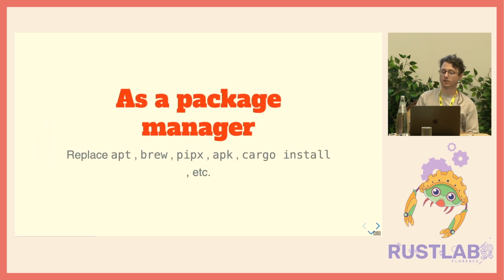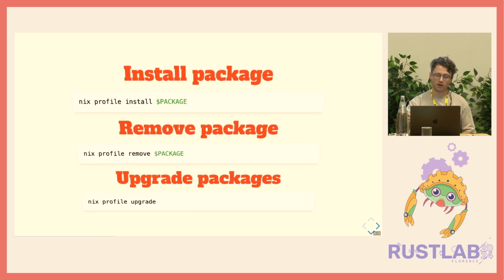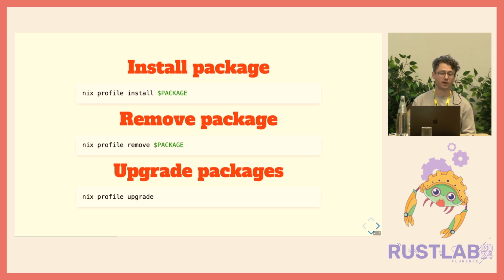As a package manager, I think it has the ability to replace apt, brew, pipx, apk, and you can just use these commands: how to install, how to remove, how to upgrade. We're not talking about the language here.